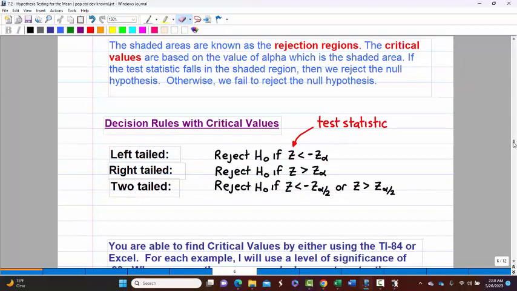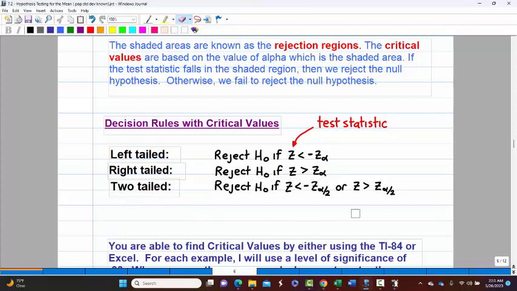So here are the decision rules, the wording for decision rules for the test. With p-values, it was just comparing the p-value to alpha. That was it. But this one, the wording looks like this. For left-tailed, our wording says, reject the H-naught if z is less than the negative z alpha value. Right-tailed says, reject the H-naught if z is greater than the z alpha.